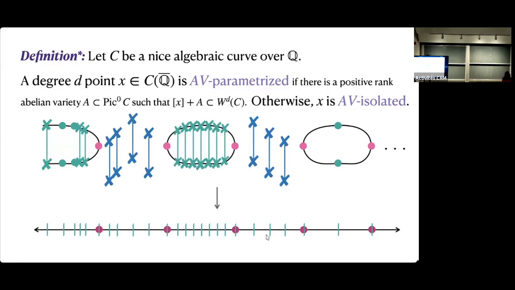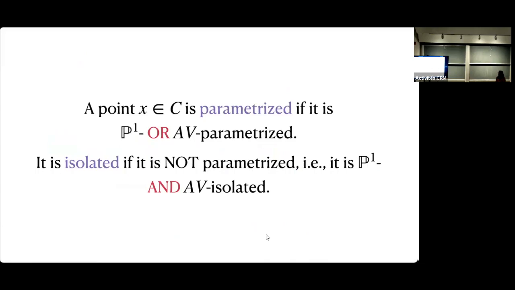Okay. So we have these two kinds of ways that we can parameterize degree d points. We can move along a P1, or we can move along an abelian variety. The point is going to be parameterized if you're parameterized by either one of those objects. There's some way of moving you in a family, and it's going to be isolated if you're parameterized by neither of those objects.